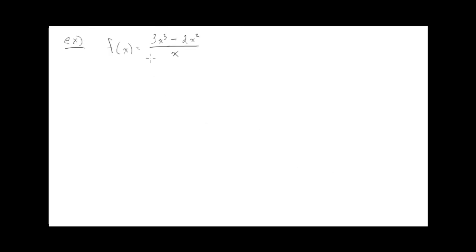Okay, here's another one. F at x equals 3x cubed minus 2x squared, all divided by x. So let's do this again. I didn't write differentiate here, differentiate. That's what we're supposed to do. And so f prime at x would be the derivative of the numerator.